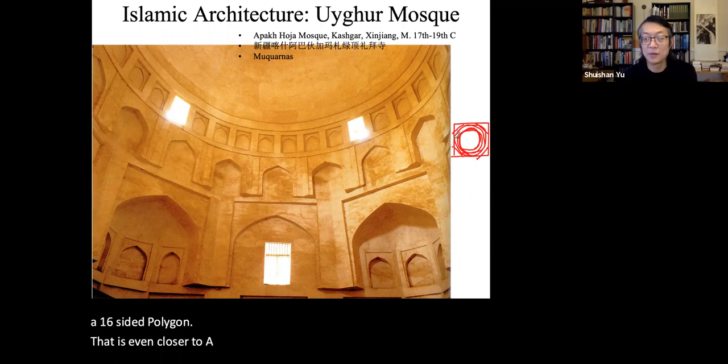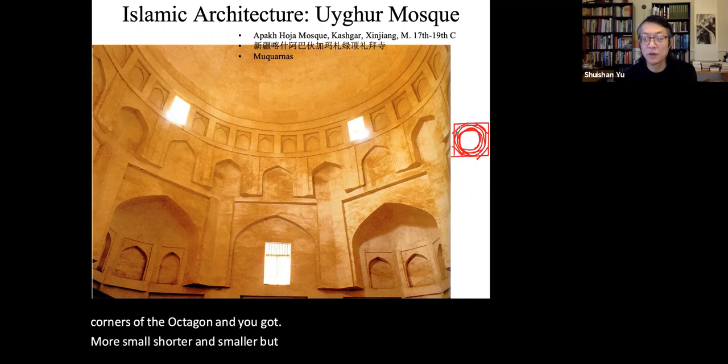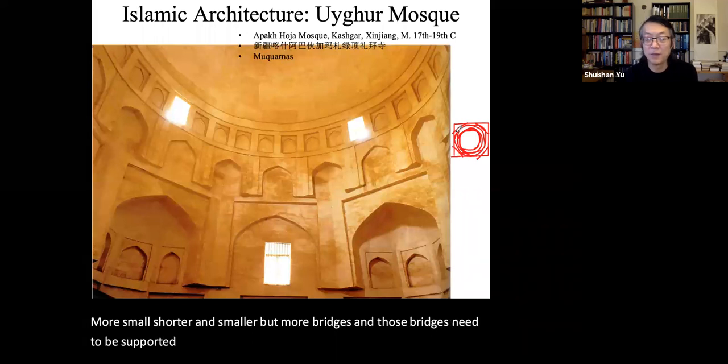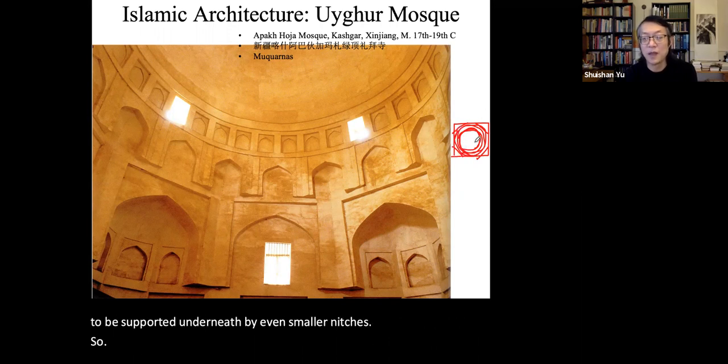And in that case, you further bridge those corners of the octagon, and you get shorter and smaller, but more bridges. And those bridges need to be supported underneath by even smaller niches. So if you repeat that process, the polygon becomes closer and closer to a true circle.